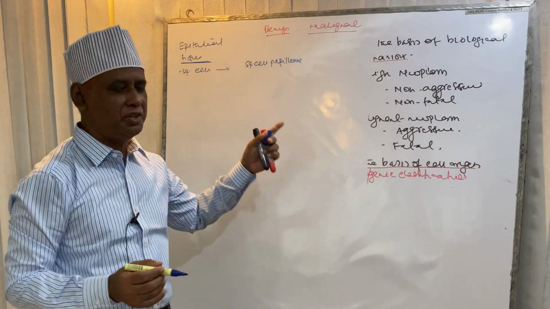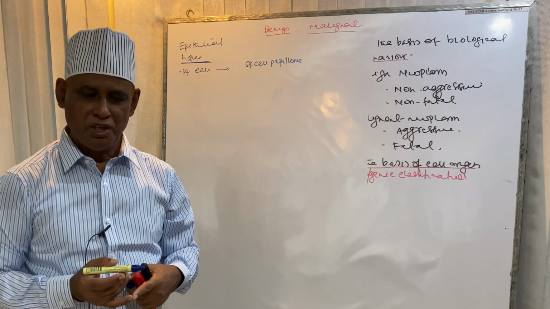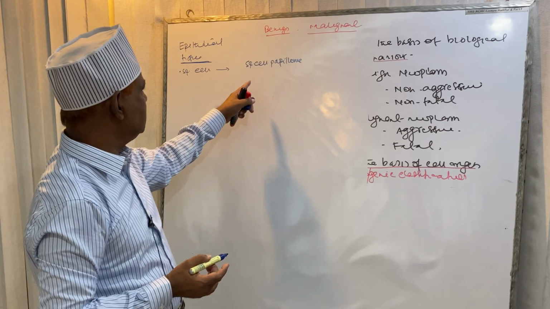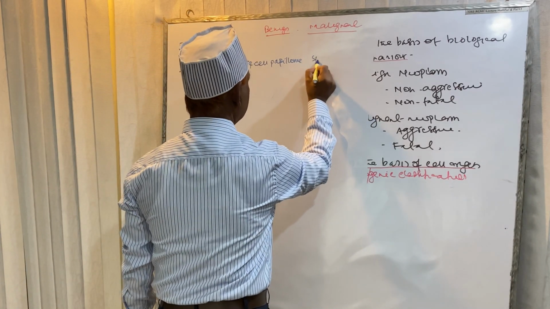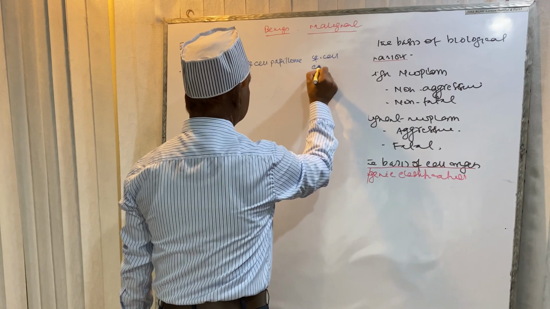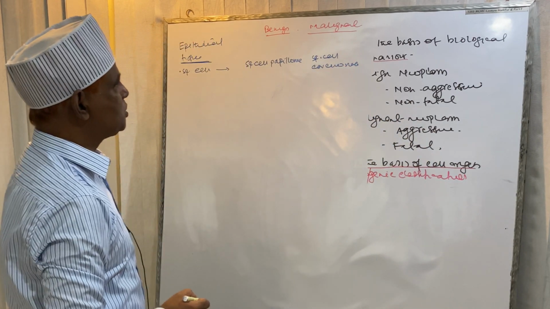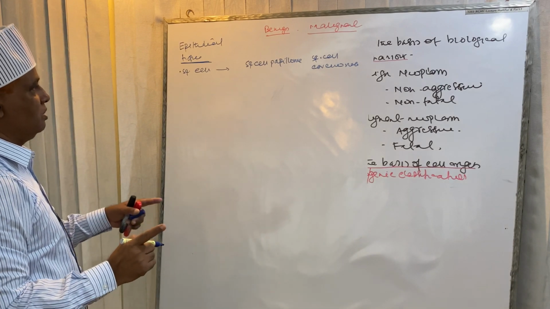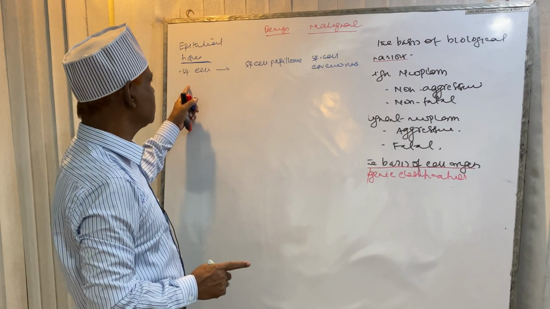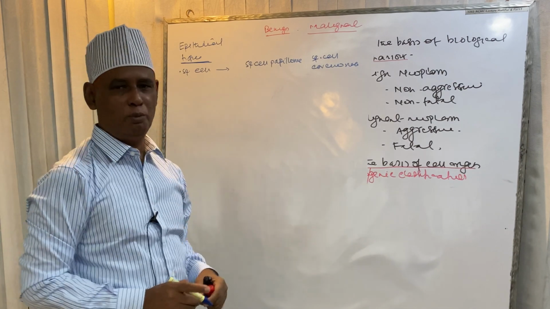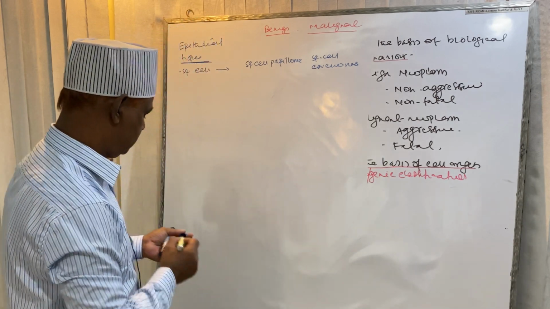The tumor of squamous cell of epithelial tissue may be benign, that is squamous cell papilloma, and may be malignant squamous cell carcinoma. So, on the basis of biological behavior, the tumor that arises from the squamous cell, one is benign squamous cell papilloma, another is malignant squamous cell carcinoma.